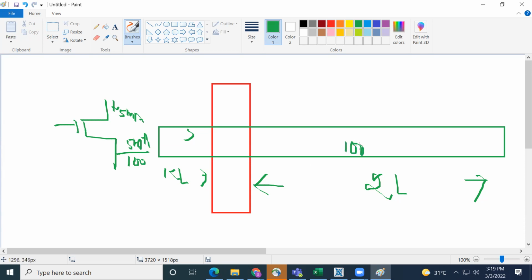So here 100 is passing, and here 100 is passing. But this much area will not carry 100 electrons, while this larger area can carry it. So one side will carry it, the other side is not able to carry. Due to this, device breakdown will occur. Understand?